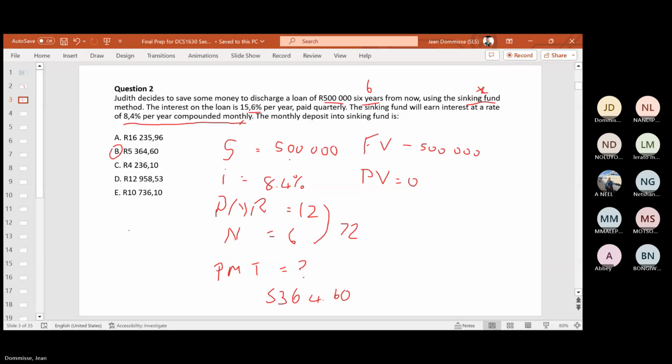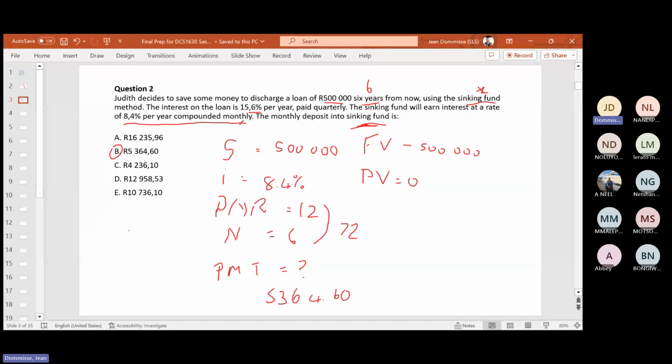So there might be a follow-up question in the exam on this one, where you need to work with the interest on the loan. But for this one, we are only looking at the work with the sinking fund. Okay, so just be very careful.